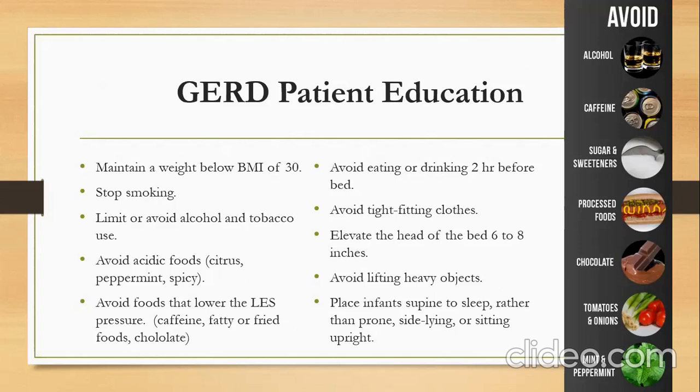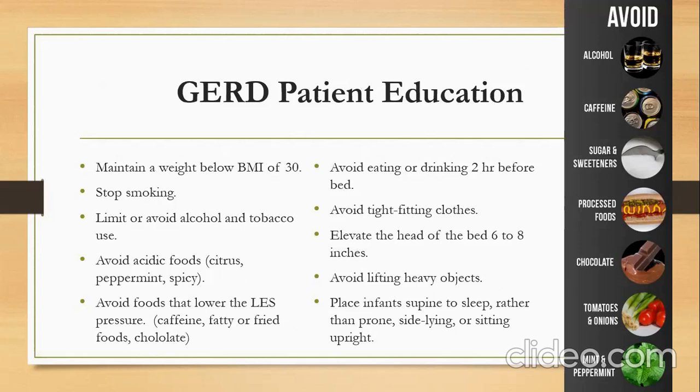Same with babies. That's another reason not to prop a bottle up in your baby's mouth in the crib while they're laying flat. They're going to be more likely to have acid reflux. So you want to position the baby upright when you're feeding them.